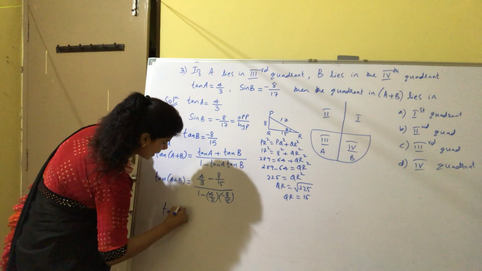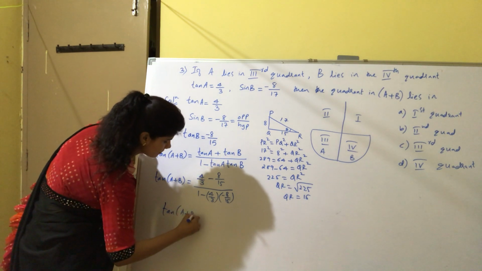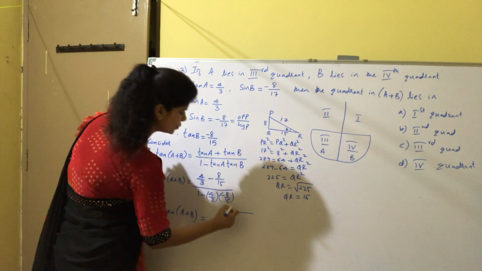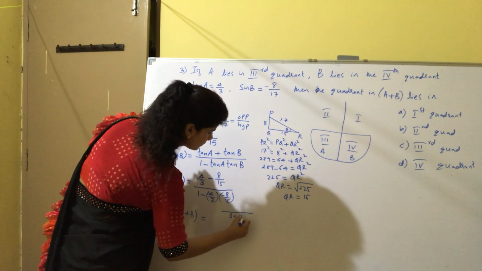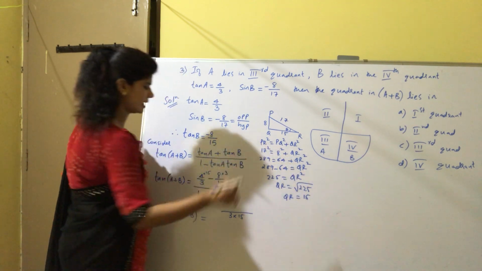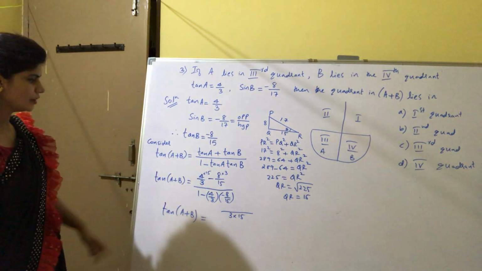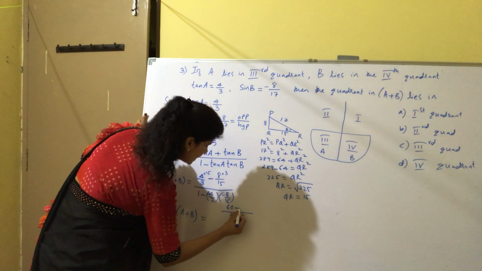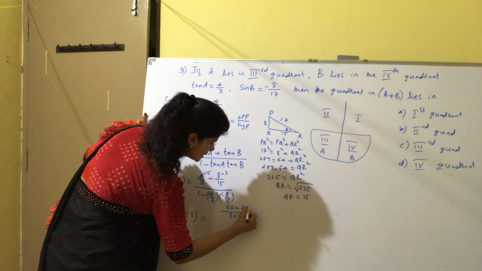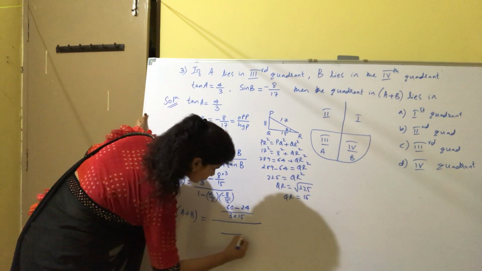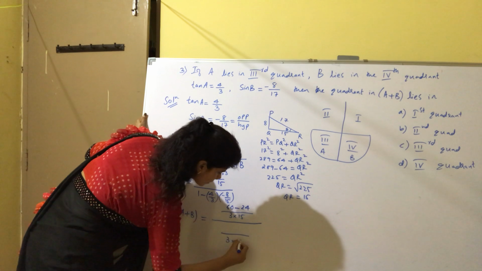Therefore, tan of A plus B becomes, if I take the LCM above, 3 into 15 is the LCM. 3 into 15 above. 4 into 15 is 60. 60 minus 8 is 24. Divided by, again the LCM is 3 into 15 below also.